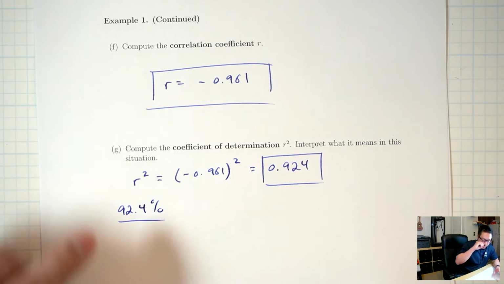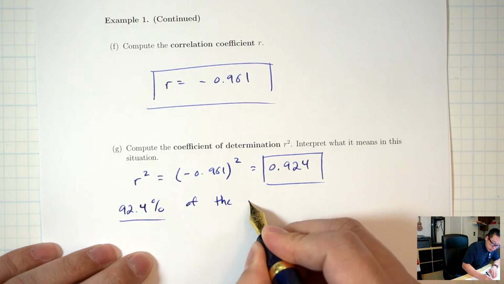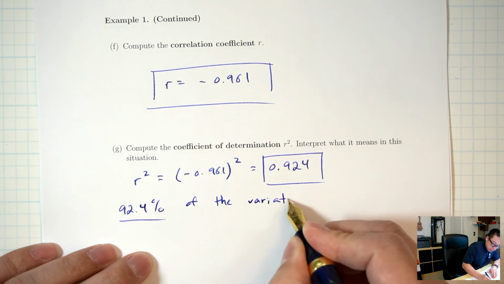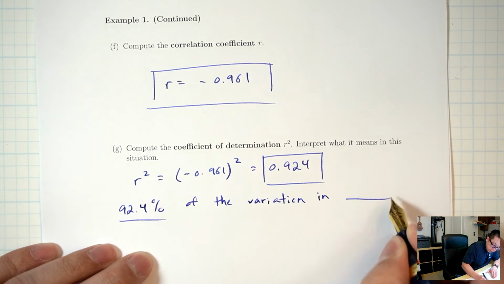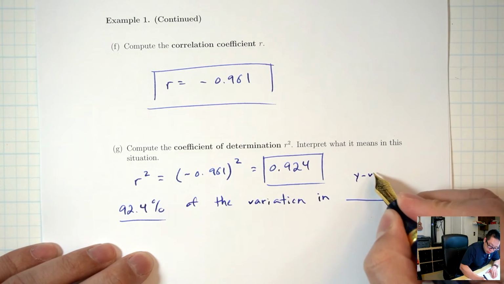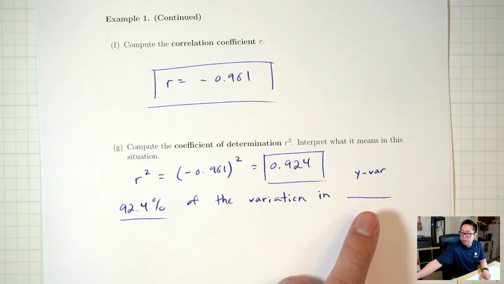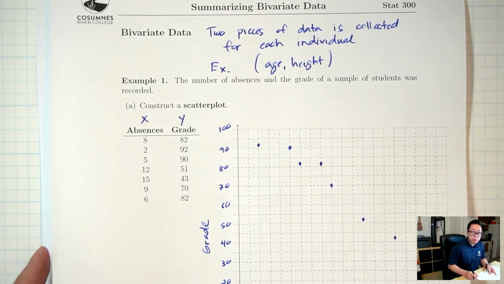Okay, so I want that 92.4% of the variation in, and you're going to write the Y variable right here. Our Y variable here was which one? Absences or grade? It was grade.